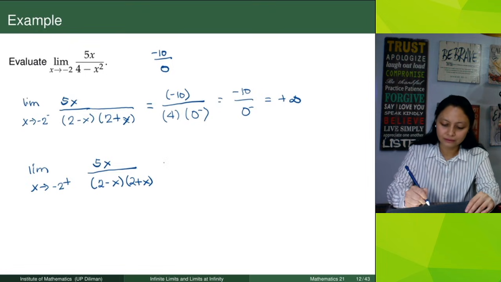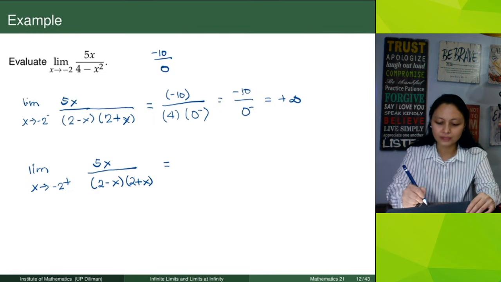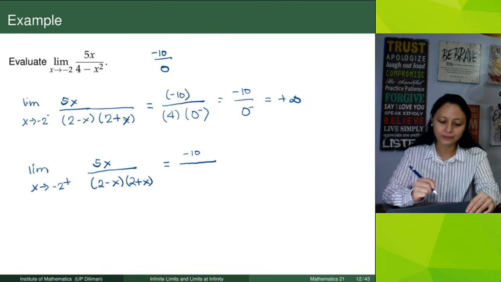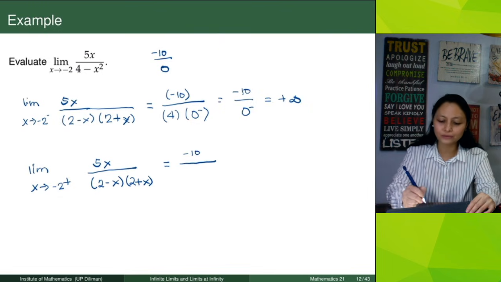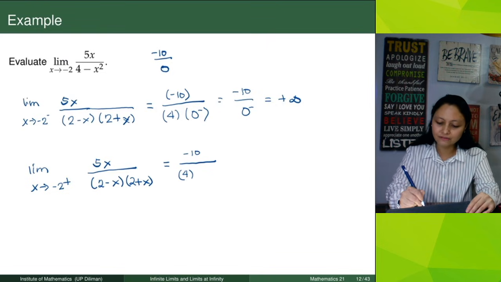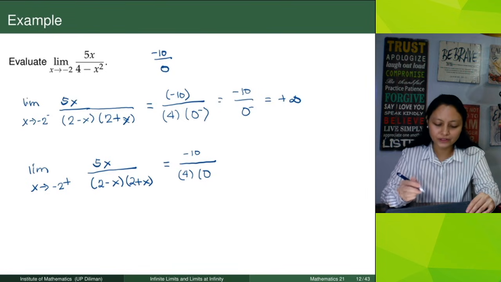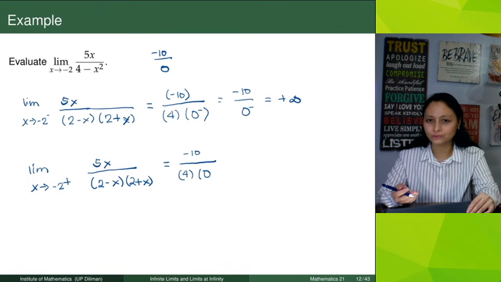Next, we get the limit of 5x all over 2 minus x times 2 plus x as x approaches negative 2 from the right. Similar to what we did earlier, you get negative 10 all over 2 minus negative 2, which is still 4. 2 plus negative 2 is still 0, but this time you're approaching negative 2 from the right, or through values greater than negative 2.